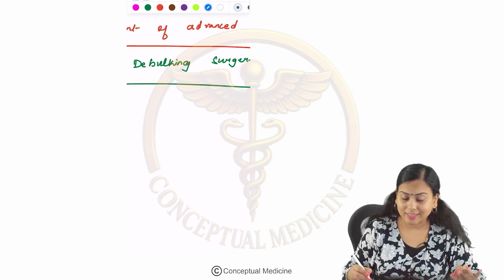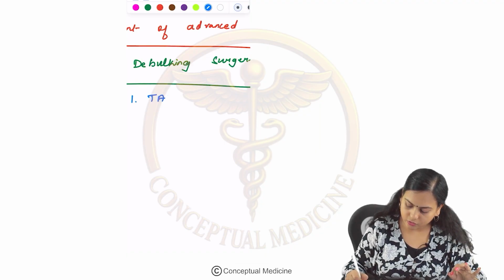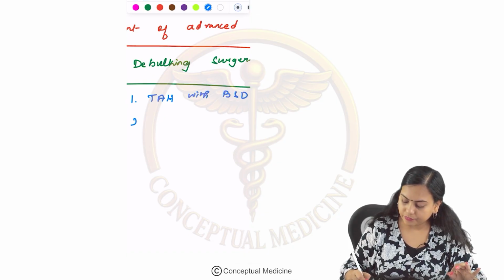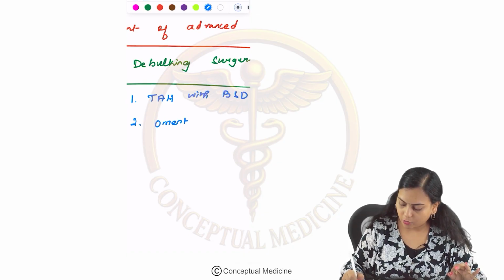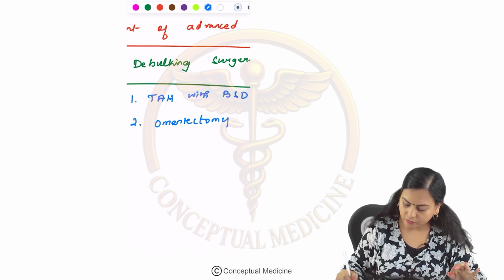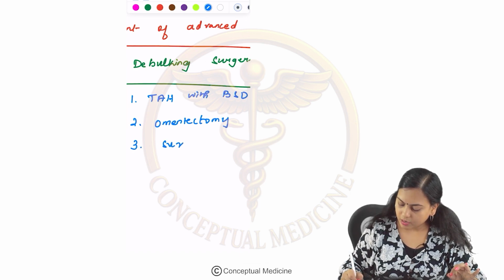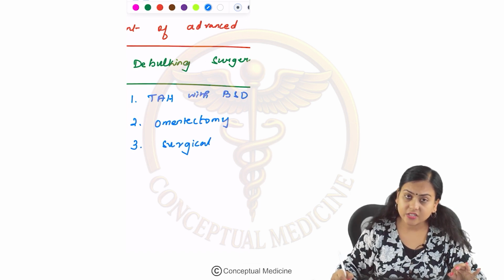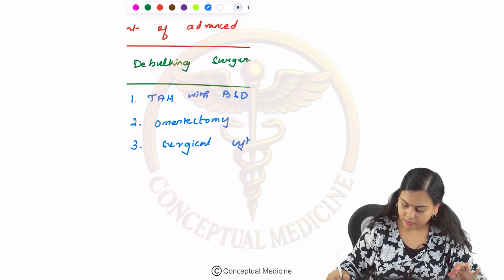Debulking surgery is nothing but you proceed with total abdominal hysterectomy with bilateral salpingo-oophorectomy first. Then you will perform an omentectomy, followed by surgical cytoreduction.